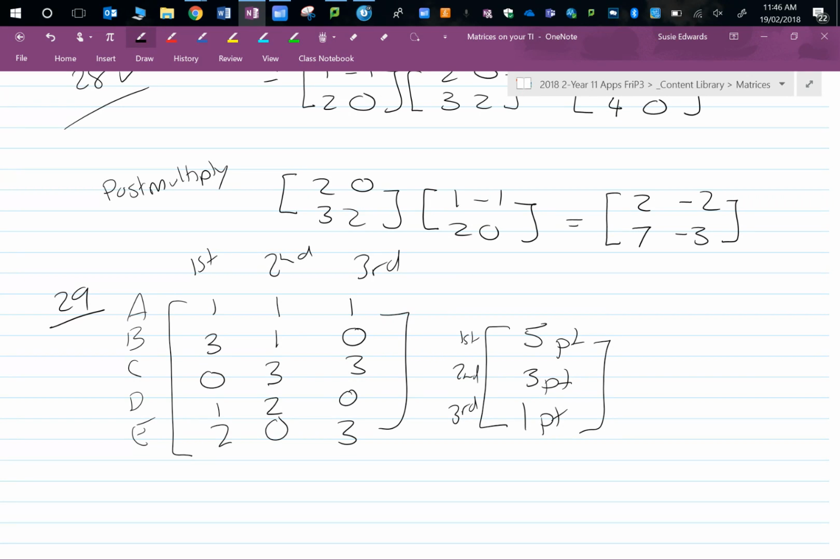What's lots of mean? Times, okay? So if you think about it, school A here, we're actually multiplying those numbers by the point numbers. We're actually doing a multiplication matrix. Does that make sense to you guys? We go 1, 1, 1. So how would I actually work out the points for B?